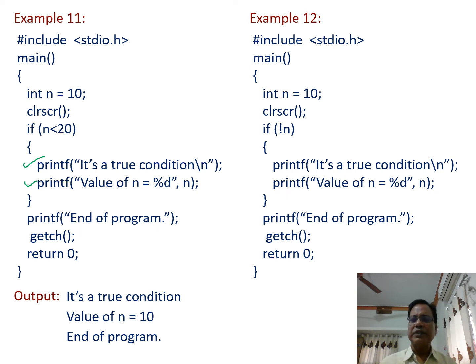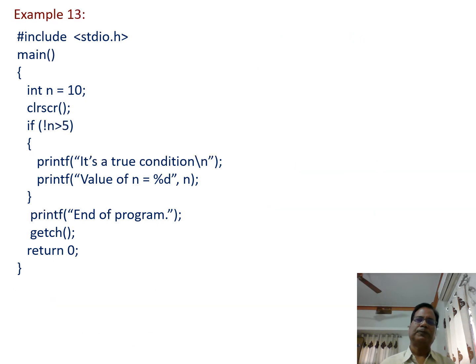So this condition becomes false. When the condition becomes false, these two statements are skipped off, and then at the output we will get only the end of the program by the outside printf statement. So when this program is run, we get the output like this one, end of the program.